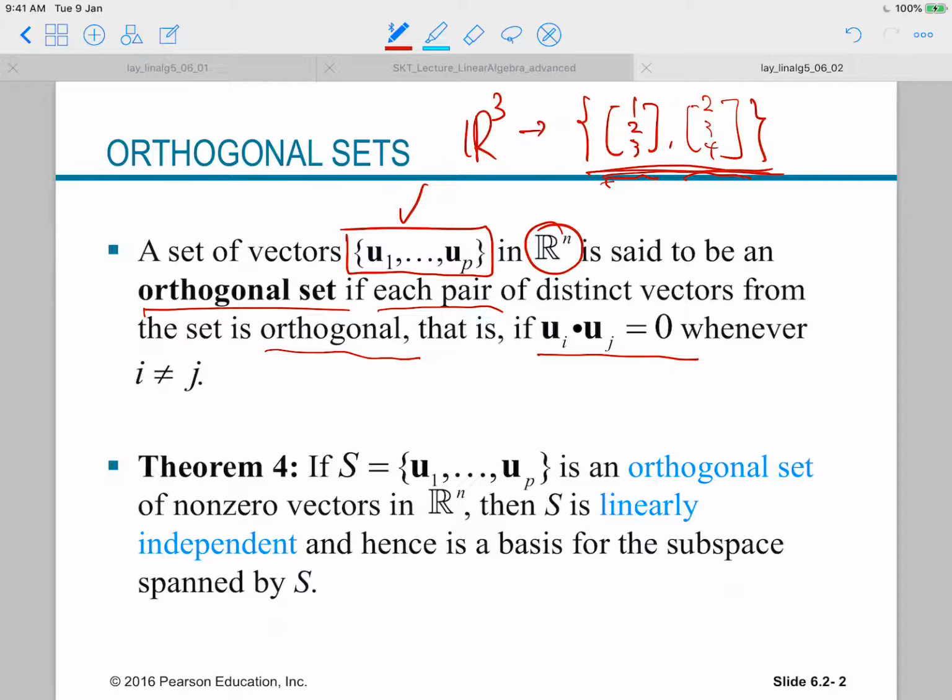But even if the set is linearly independent, it is not necessarily an orthogonal set, as we can see in this example. But interestingly, an orthogonal set is automatically a linearly independent set. So that is the main important point, and that is about this Theorem 4.